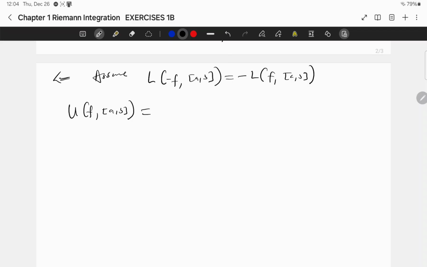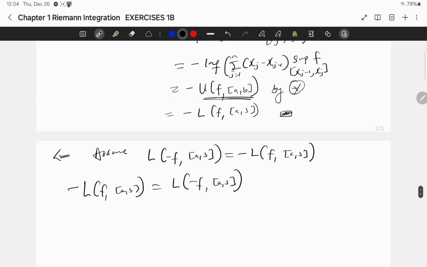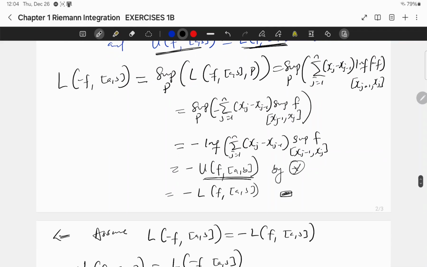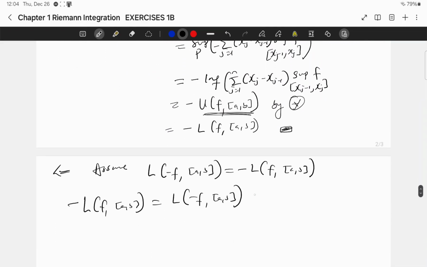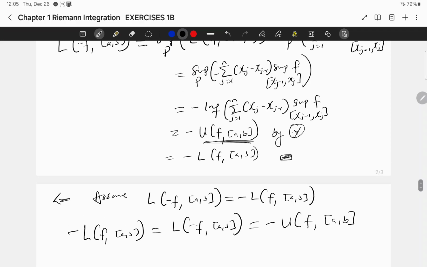We can equate this using the properties or definitions, or we can have it this way: minus L(f, a, b) is equal to L(f, a, b). If you are very careful, we show that this is the same thing as minus U(f, a, b).